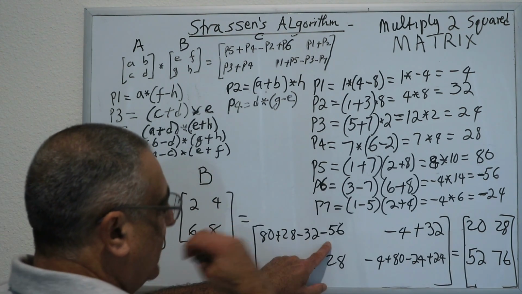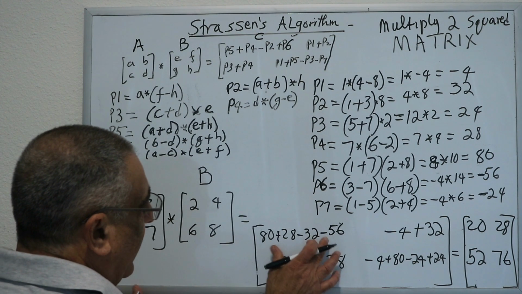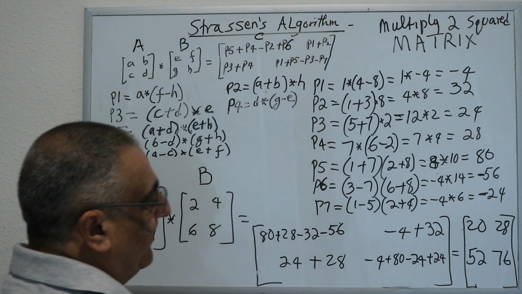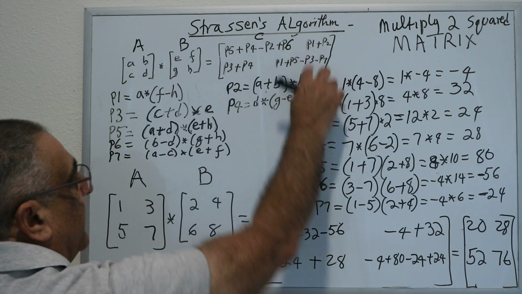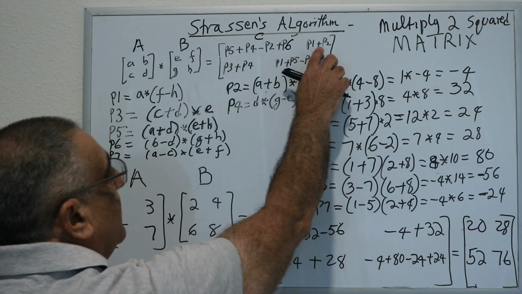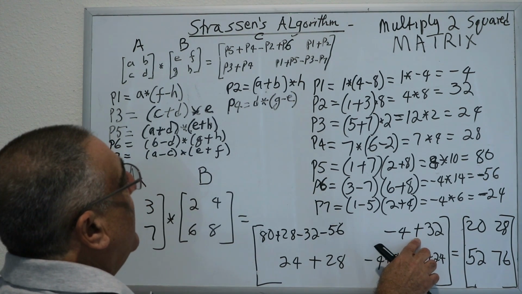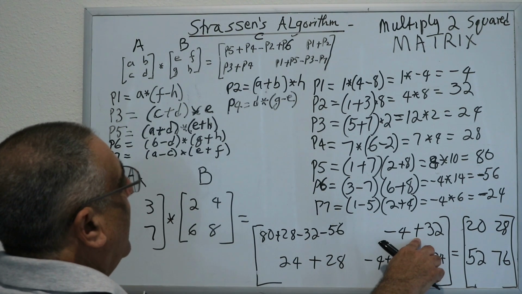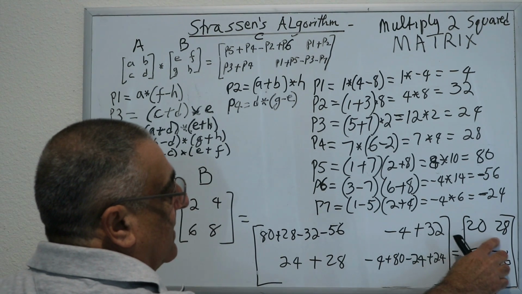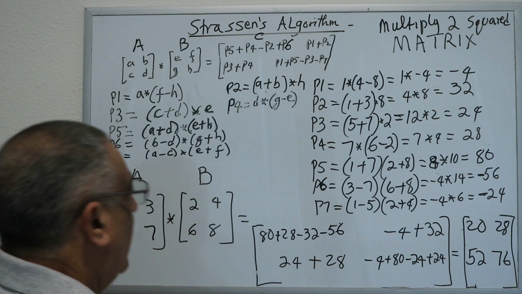P6 is negative 56. So if I add all these up, I come up with 20. Now for the second, for C12, this would be P1 plus P2, and P1 is negative 4 plus P2, which is 32. So that gives me 28.